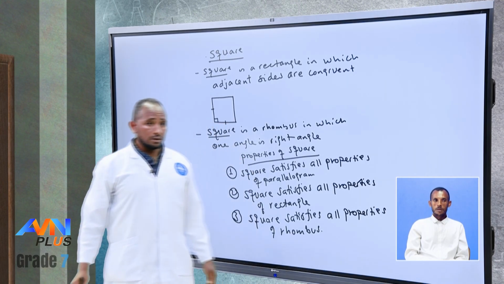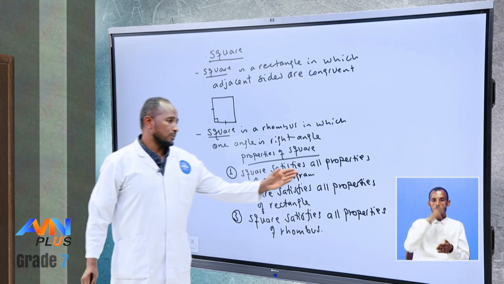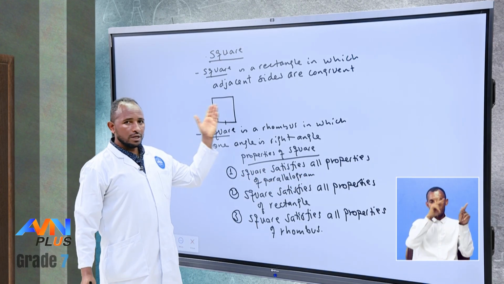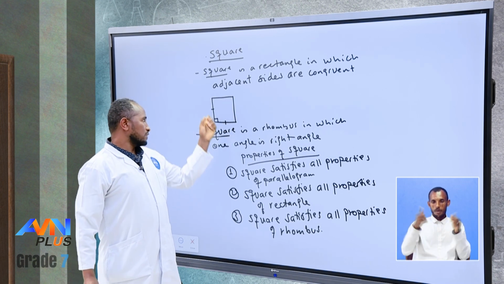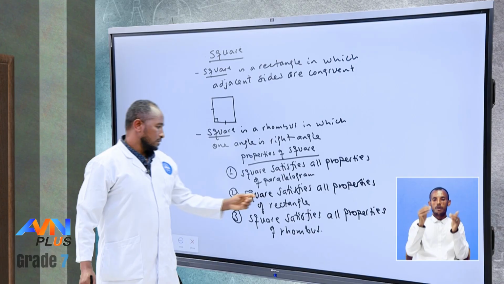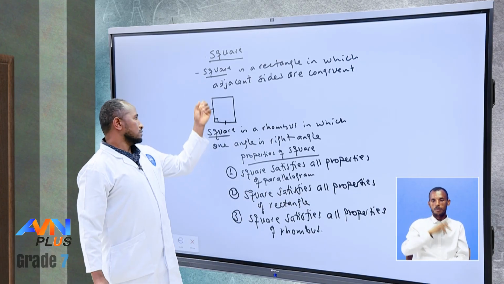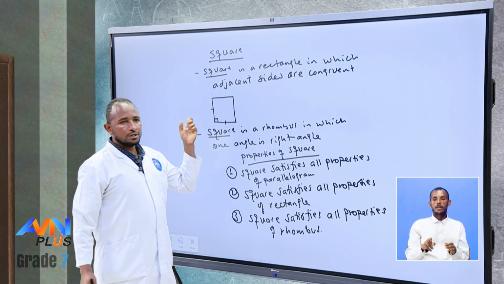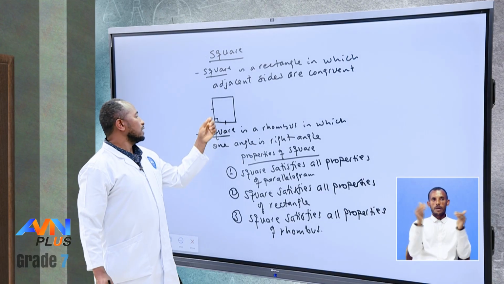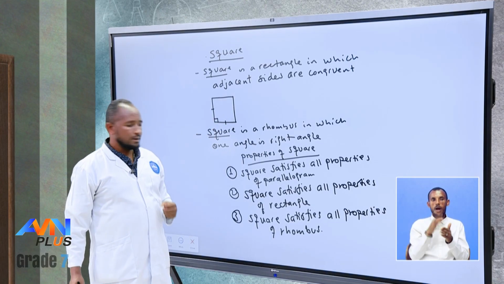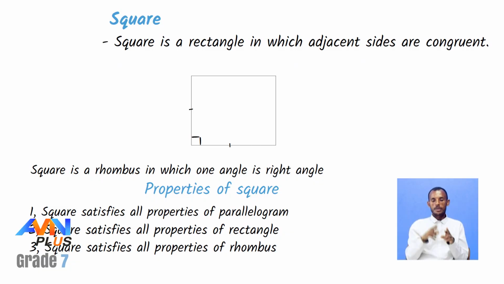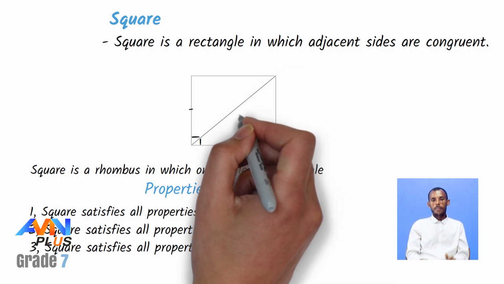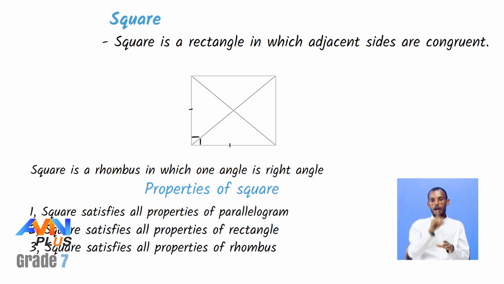So when you say it satisfies the properties of a parallelogram, these are the properties: opposite sides equal, opposite angles congruent, consecutive angles supplementary. Properties of a rectangle, in addition, the diagonals are congruent and all angles are right angles. And a property of a rhombus, the diagonals are perpendicular to each other.